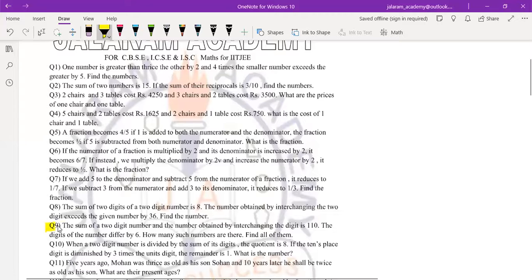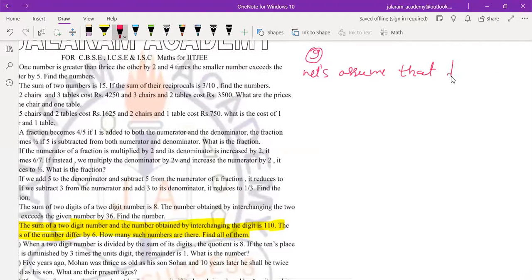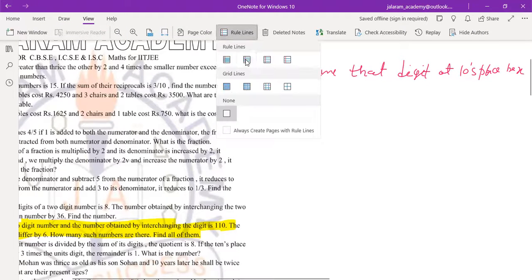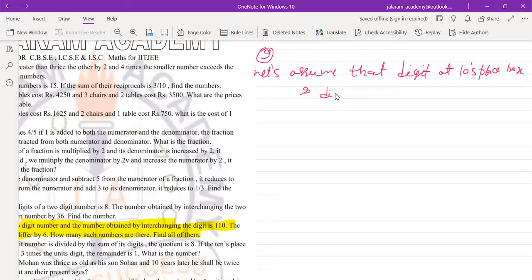So in questions involving two-digit numbers, the first three lines of our assumption must always be like: first, let's assume that the digit at tens place be x, and the digit at units place be y.